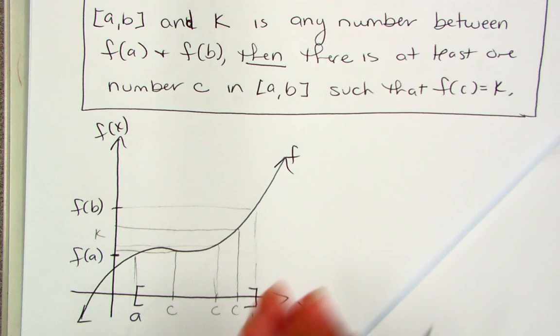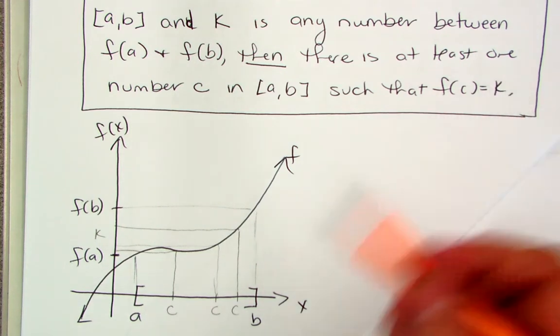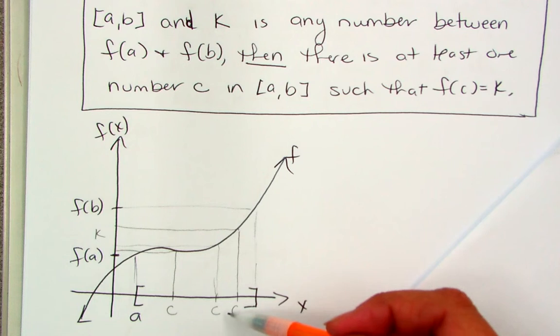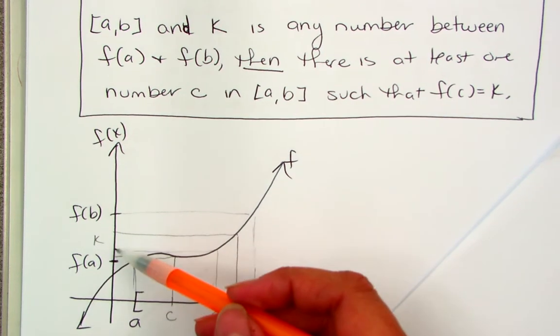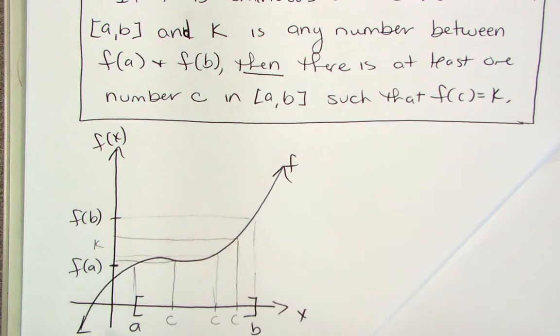That is an existence theorem: there exists at least one number c in A to B such that f of c equals k, and that k has to be between the two outputs.